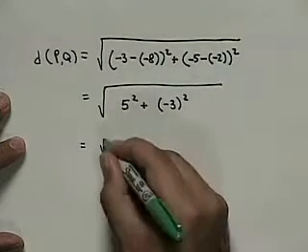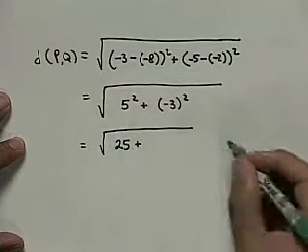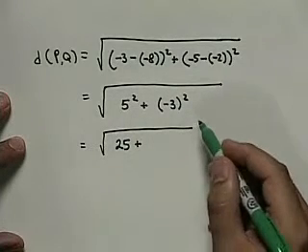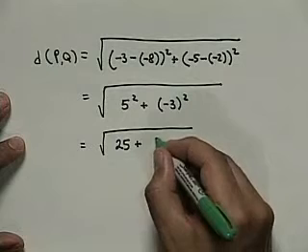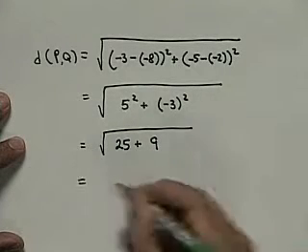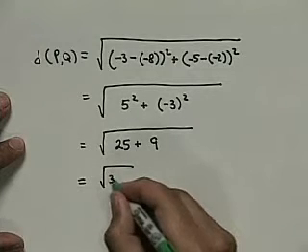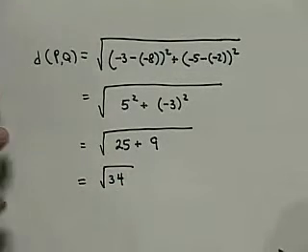Working this out further, we have the square root of 25 plus, and now (-3) squared is +9, so it's the square root of 25 plus 9. Adding 25 plus 9, we find that the distance between these 2 points is the square root of 34.